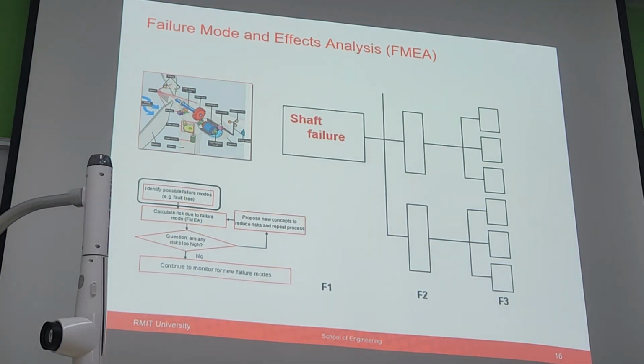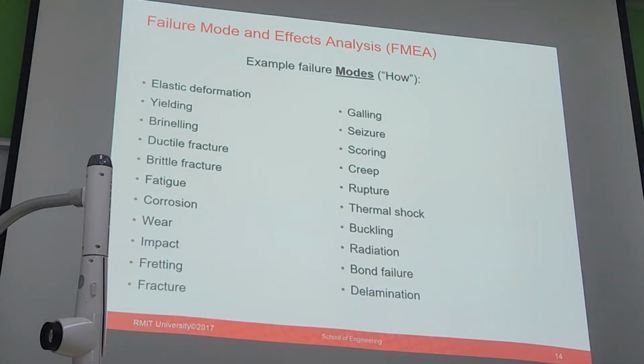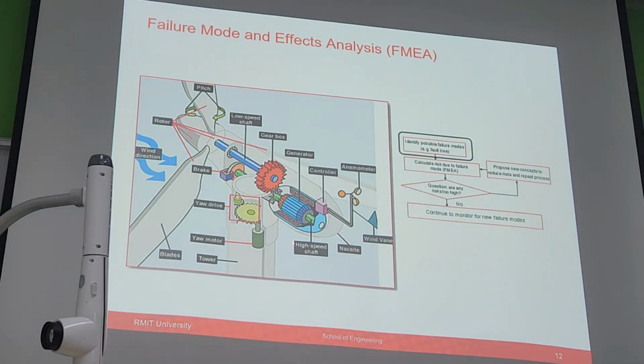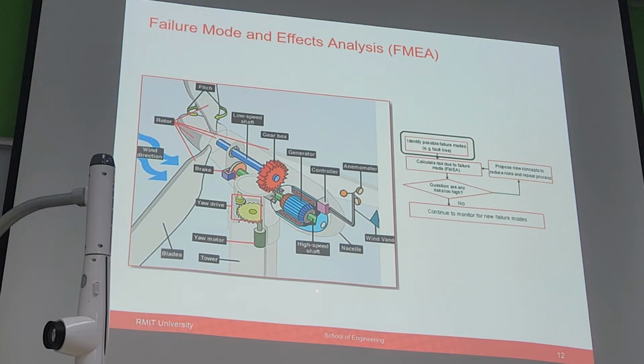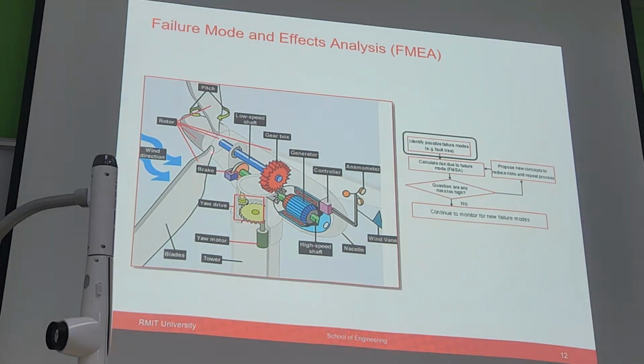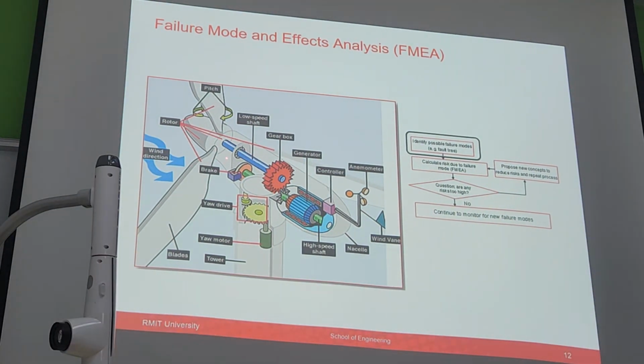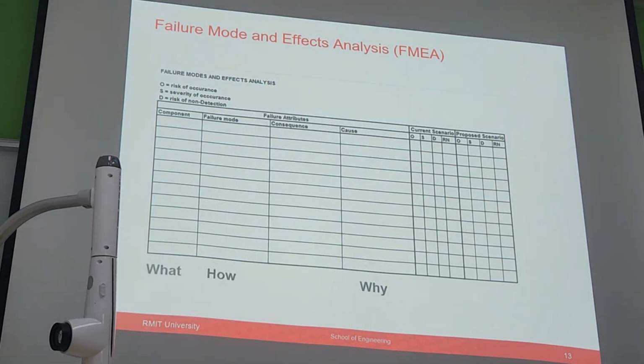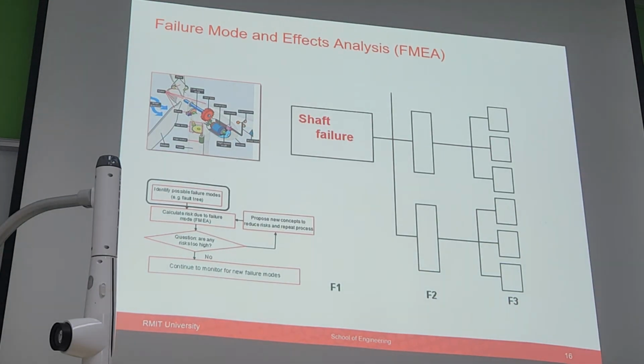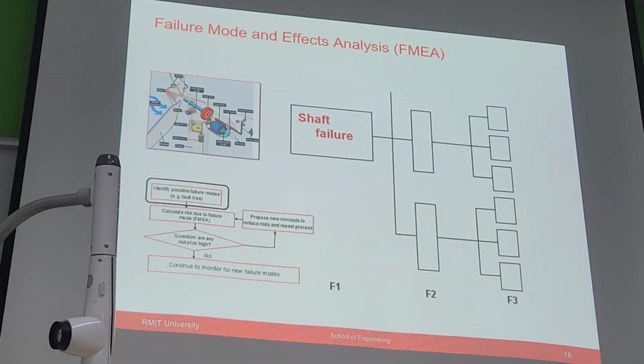So, which part of them do you like to choose? Back to the machine, which part can we choose? Shaft, yeah? And then we can put shaft here. Shaft failure.